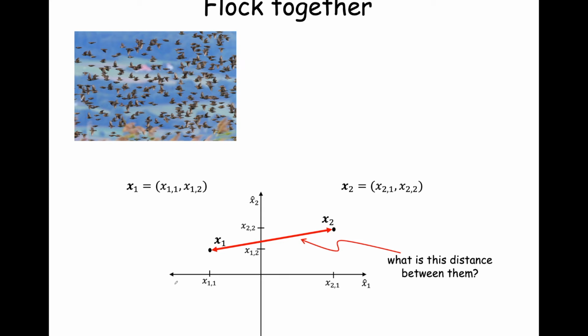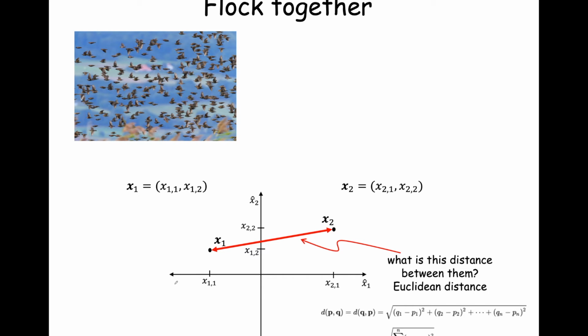Now, of course, this flock together. How are they similar? We can measure similarity by computing the distance between points in feature space. Clearly, I'm drawing it here in 2 dimensions because that's easy to visualize on the slide. But regardless of how many dimensions we had for our features or vector representations of our customers, we can certainly measure the distance between them.